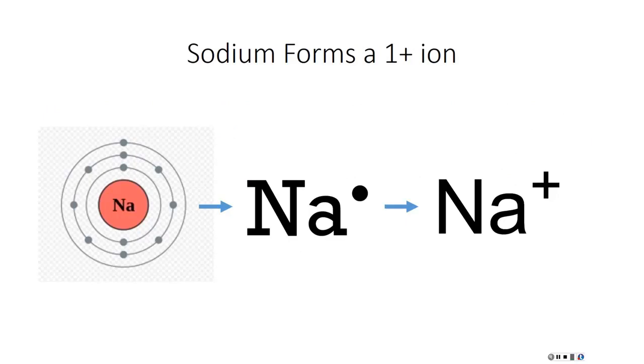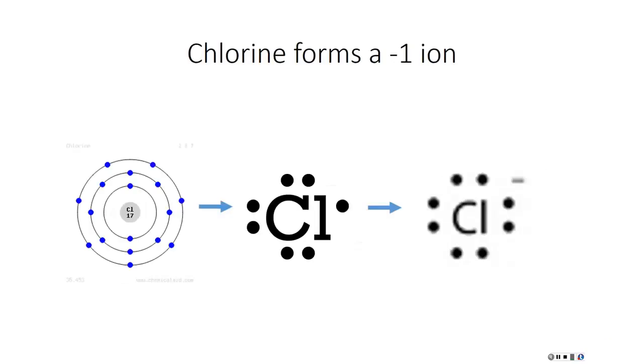Sodium has the Bohr model drawn here, which would be our dot diagram with 1 dot. So that's going to give up the dot to form the +1 charge. Chlorine is the opposite of that. Chlorine, on the other hand, has 7 valence electrons, and it's going to bring in 1 more to form this negative charge with it.